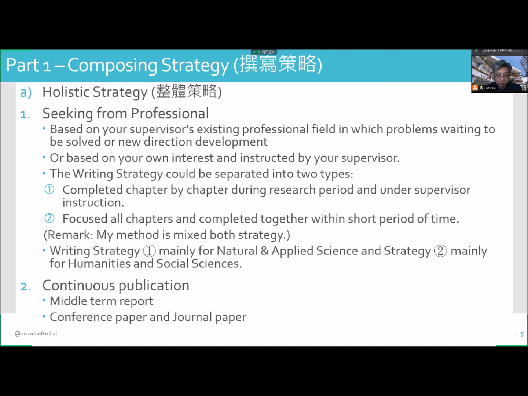Strategy 1 is mainly for literature and applied science, and strategy 2 mainly for humanities and social science. They are separated like that, but you can mix. Continuous publication is important, especially your midterm report, conference paper and journal paper.